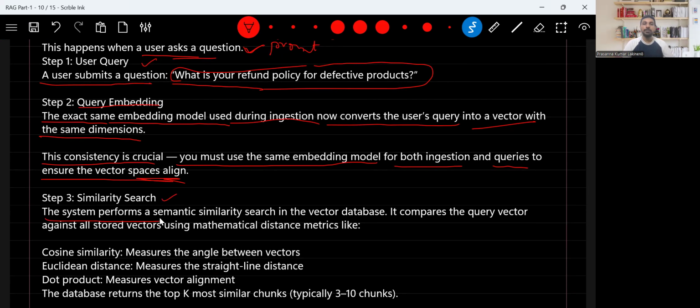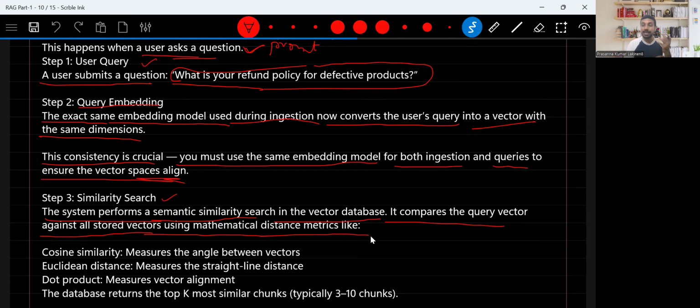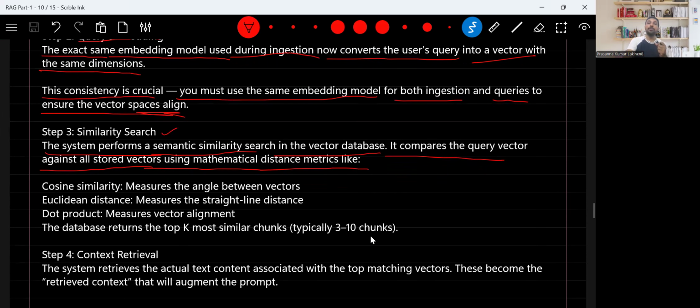The system performs a semantic similarity search in the vector database. It compares the query vector against all stored vectors using mathematical distance metrics like cosine similarity, Euclidean distance, dot product, and so on, so that it will retrieve the top k similar chunks from the vector database.